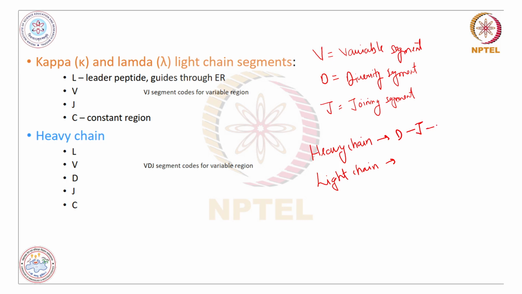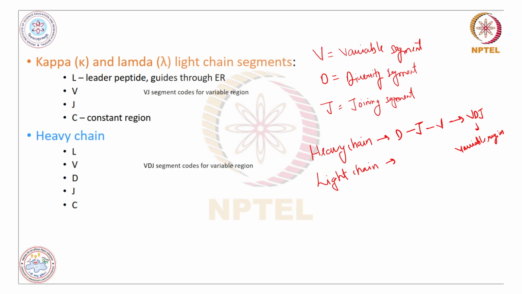Then the V segment will come and join the DJ combination, and it will form a VDJ unit. And it will code for the variable region of the antibody, the variable region where antigen will bind.